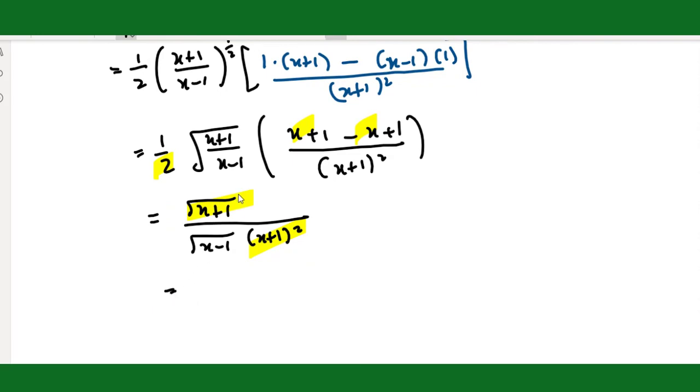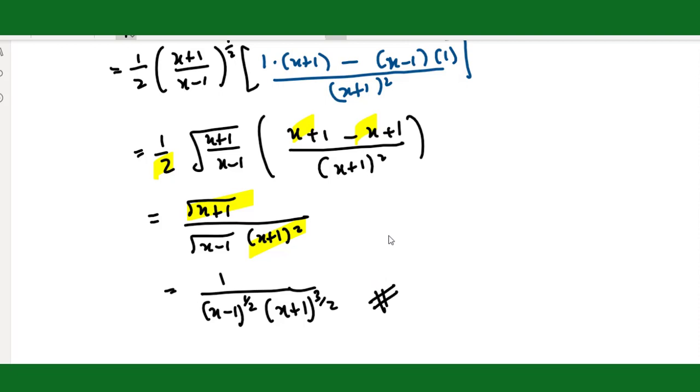So this one is half. The answer is (x minus 1) to the power half times (x plus 1) to the power negative half minus 3 over 2. Okay, done.